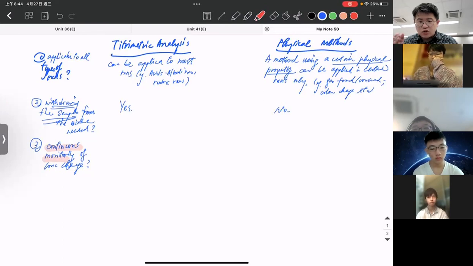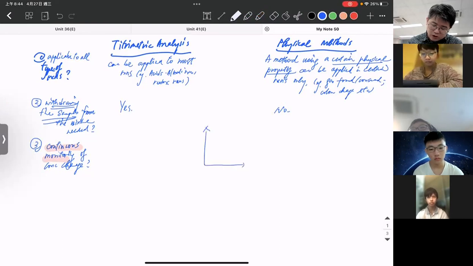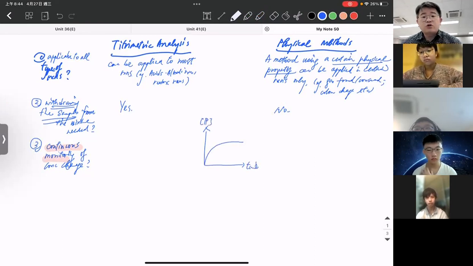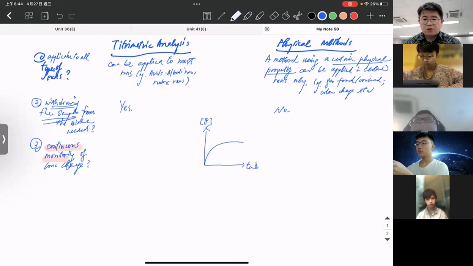By doing so, we can get continuous data. Can you get my point? So my question is, which method would help to plot a very smooth curve continuously, for example, the concentration of product versus time? Which method is possible?